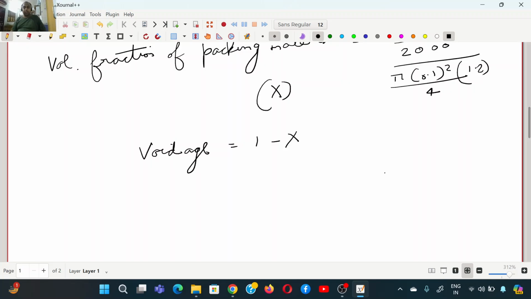So it will be 1 minus 10 by 2000 divided by pi into 0.1 square divided by 4 into 1.2.